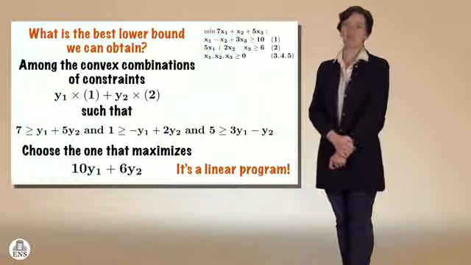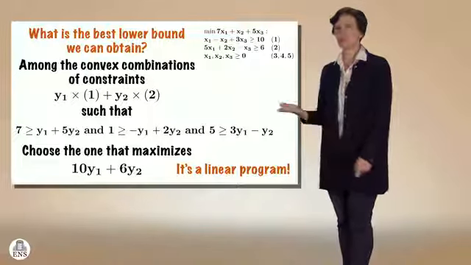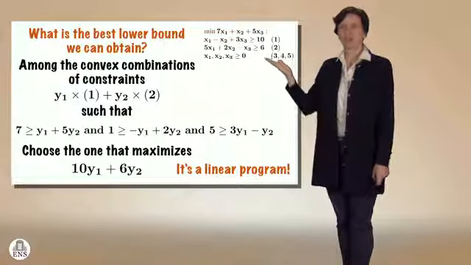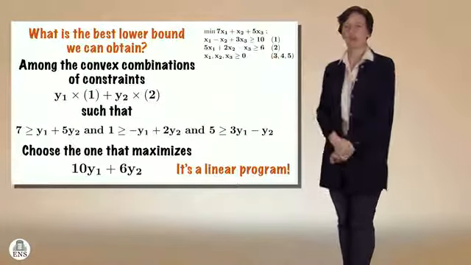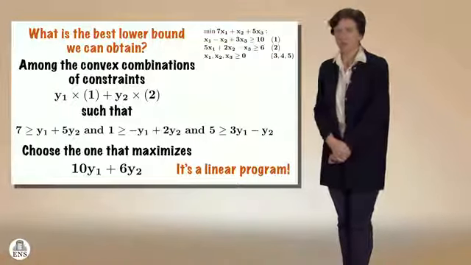What is the best lower bound we can get? The best lower bound is the tightest one. It's the one such that this value is as large as possible. It's the maximum value of 10 y1 plus 6 y2. So what are we trying to do?